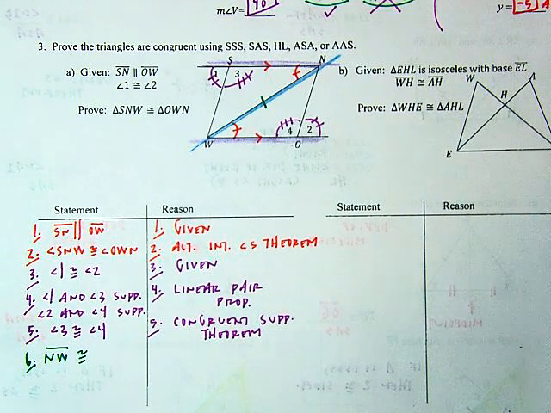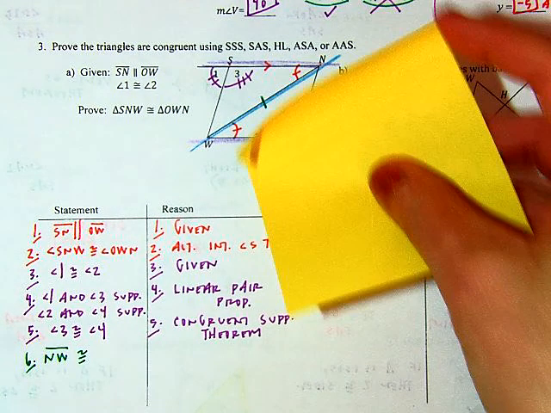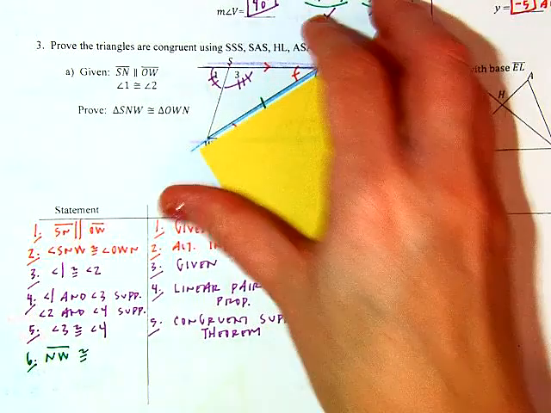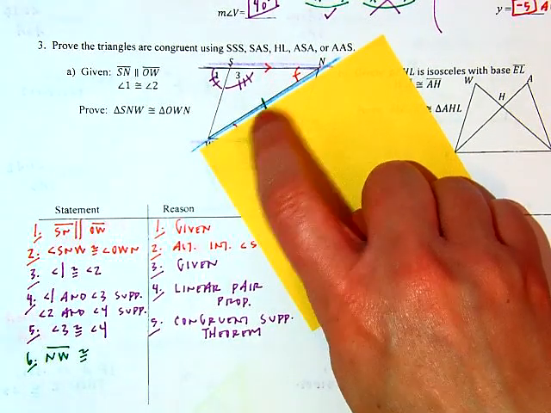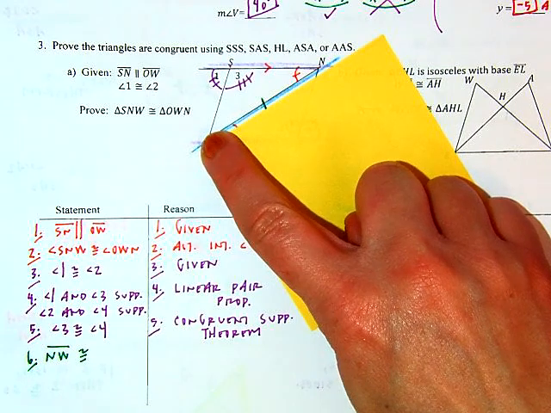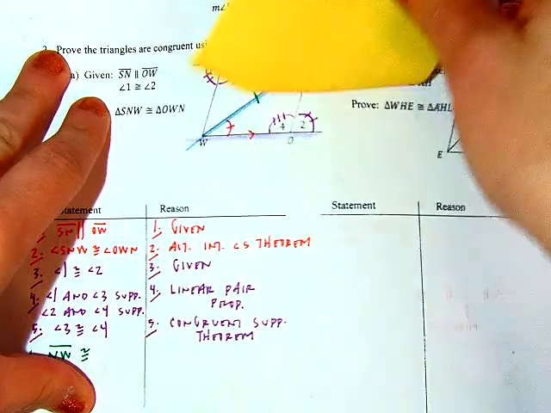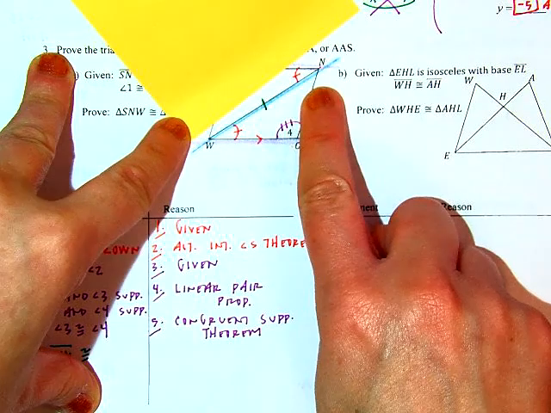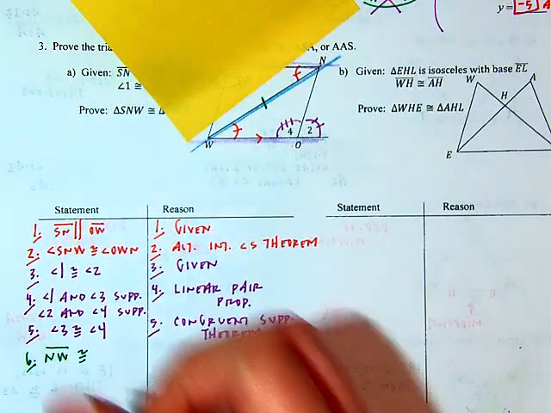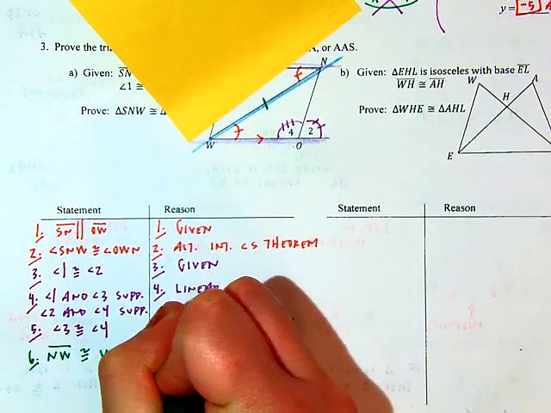So let me just block out of view, a little post-it here, the other one. Okay, so if I'm looking at NW, N to W, single tick mark to unmarked angle. So if I look at the other triangle then, that would be W to N. So here the order flip-flops.